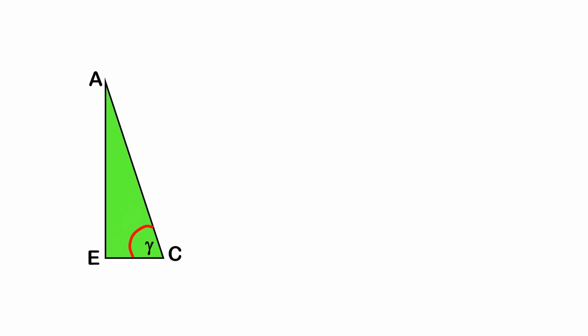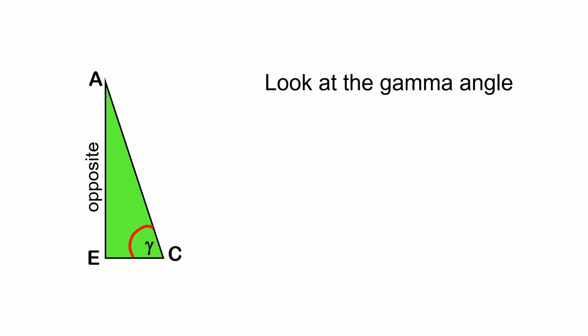Let's take the right triangle ACE, with the intact angle being angle gamma. Viewed from angle gamma, side AE is the opposite, and side AC is the hypotenuse.